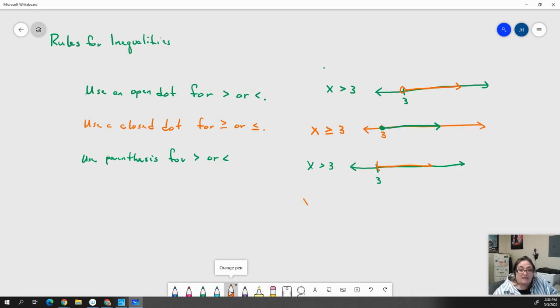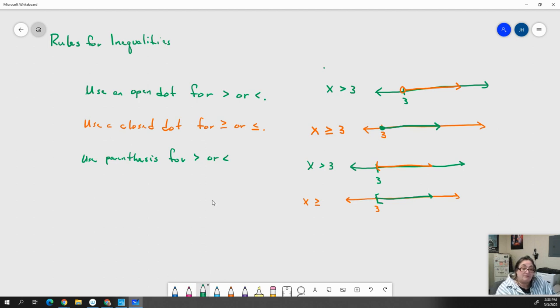Where if it was x is greater than or equal to, and I had my 3, I could use a bracket to indicate the equal to. I personally prefer the open or closed dot. I think it's just a little easier to see and understand, but you get the general gist of things.